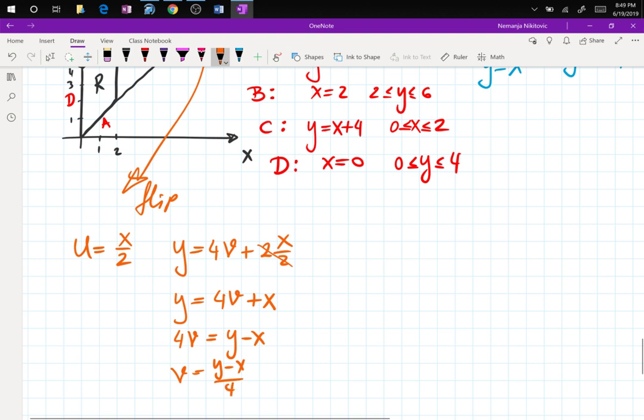So the transformation that I have to use to transform the region is u equals x over 2 and v equals (y minus x) over 4. That's the transformation that I have to use.